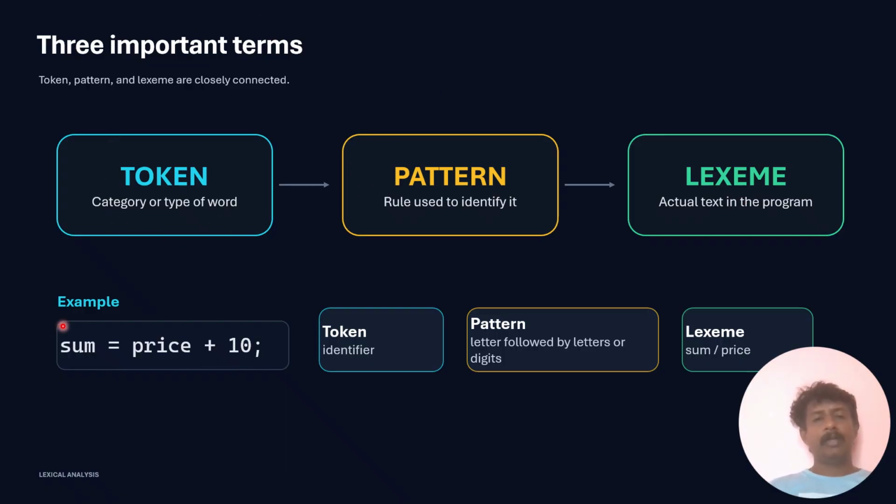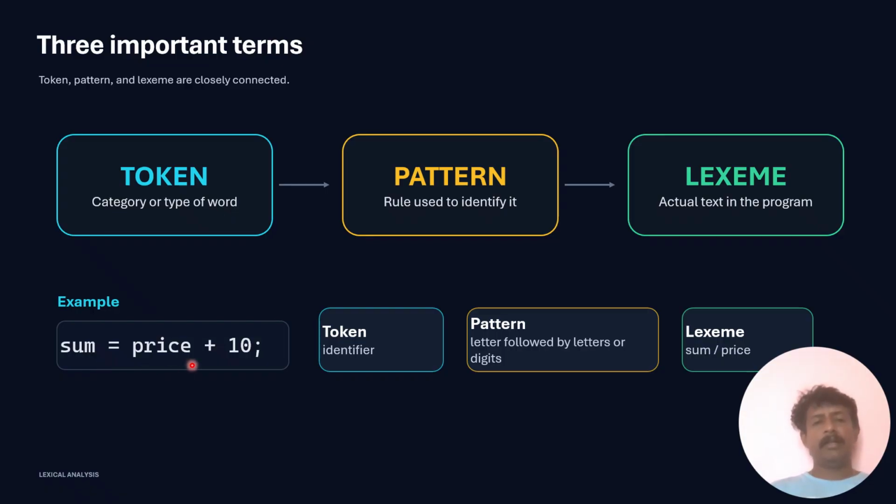Look at the example: sum = price + 10. Here sum and price are the actual lexemes, and their token type is identifier; 10 has the token type integer. The rules used to identify them are called a pattern. In what way are we going to identify an identifier? That is called a pattern.